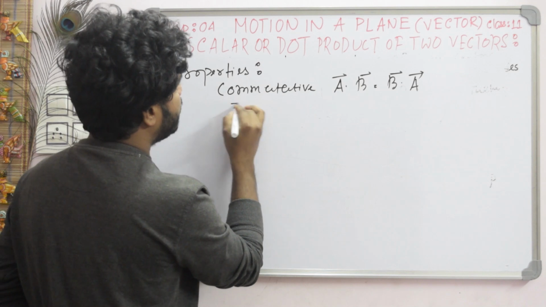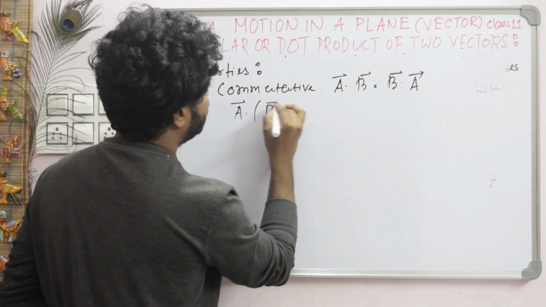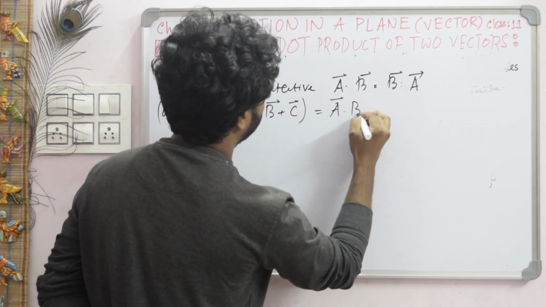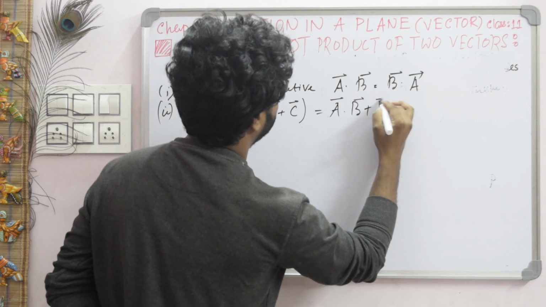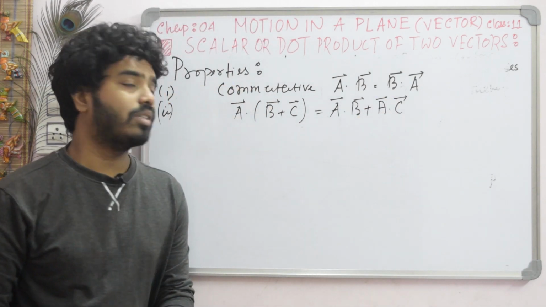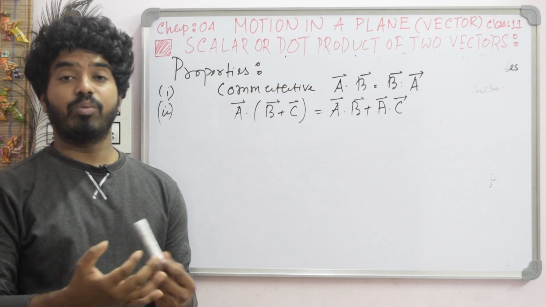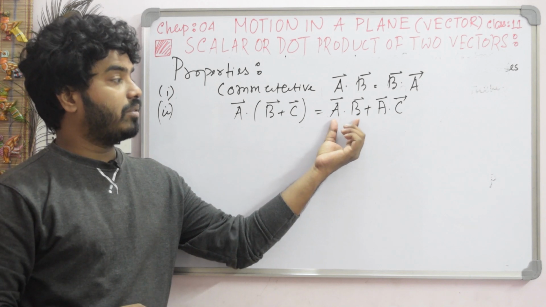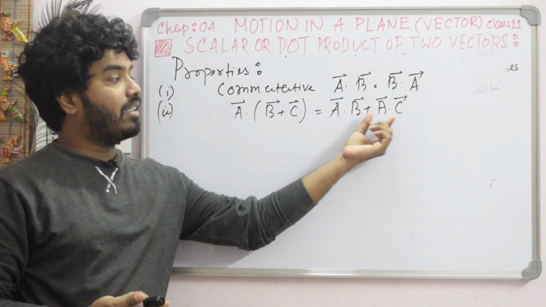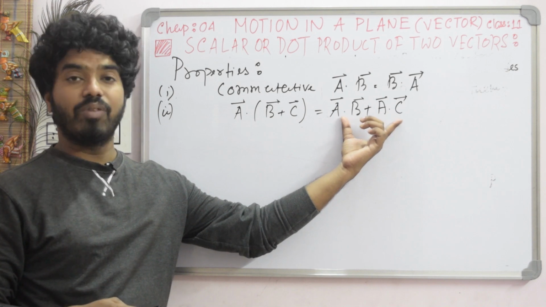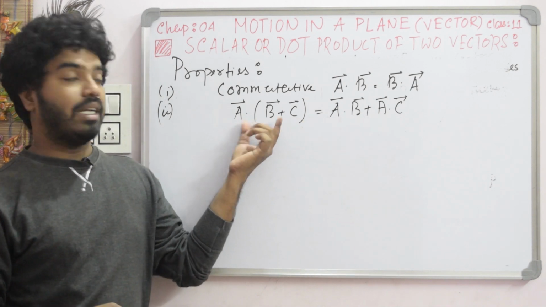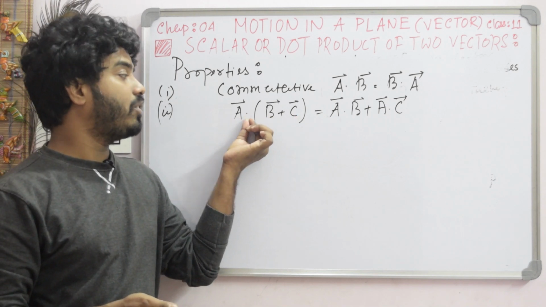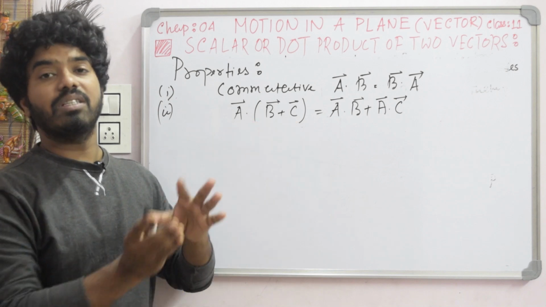That means A dot (B plus C) is exactly equal to A dot B plus A dot C. When we take the dot product of A and B and the dot product of A and C, the summation of these two values gives the same value as when you first add B plus C and then take the dot product A dot (B plus C).